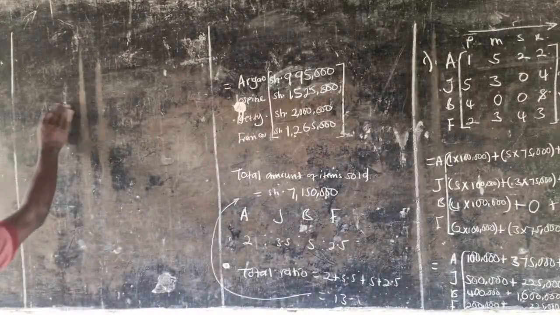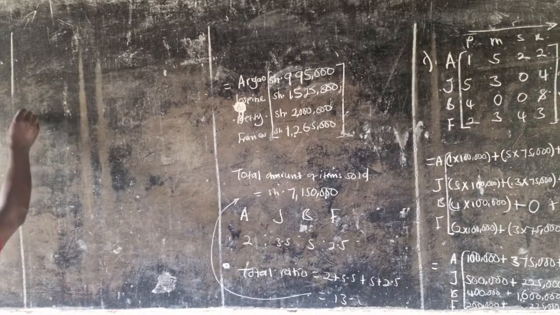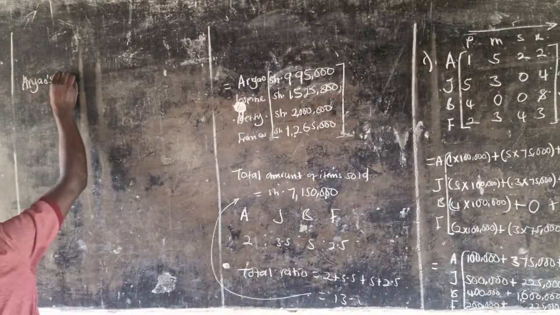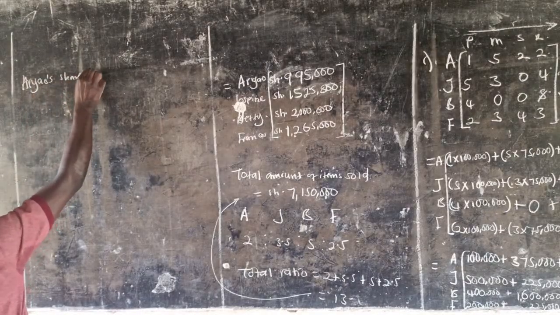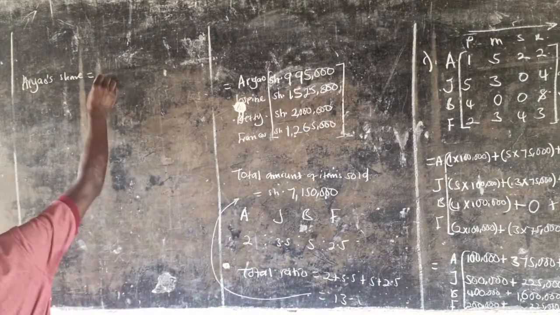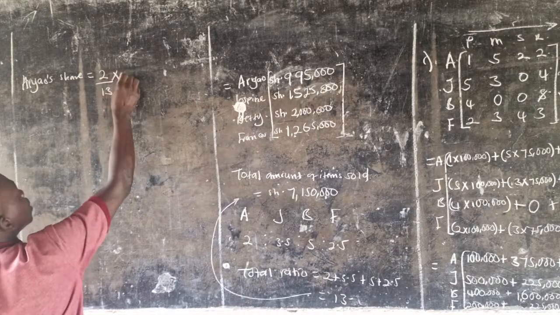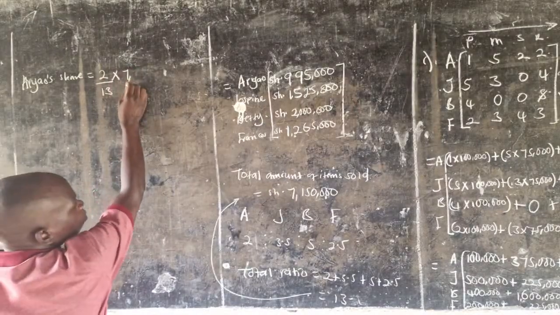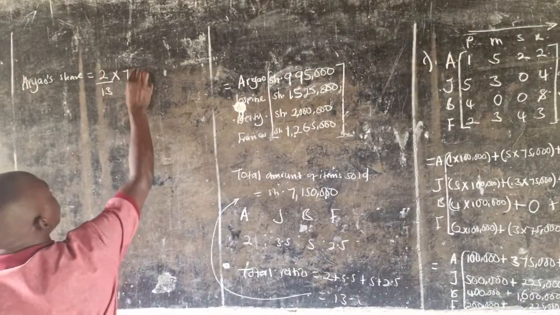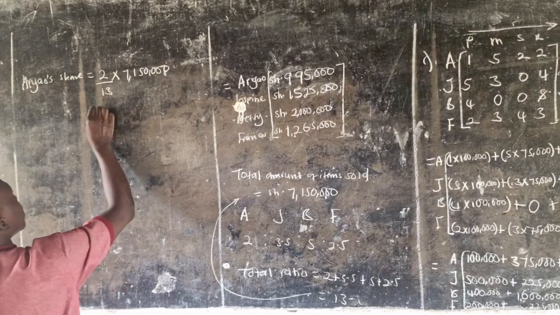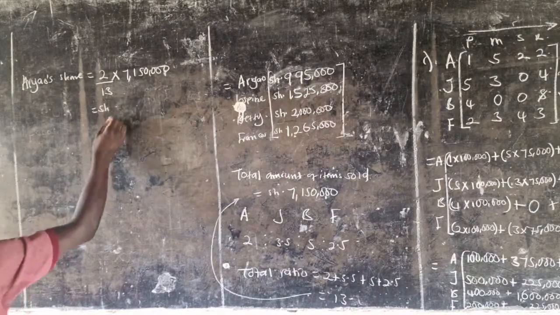Now, Josephine's share, we can begin with Arayo anyway. Arayo's share will be equal to the parts for Arayo, which are 2 parts, over the total parts, which are 13, times the 7.15 million. Like that. Then we get this amount here.